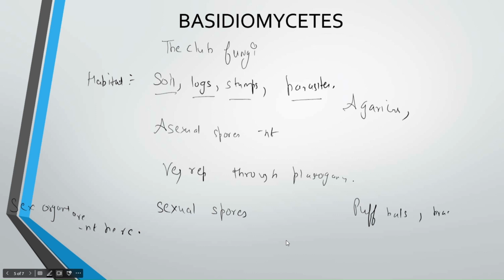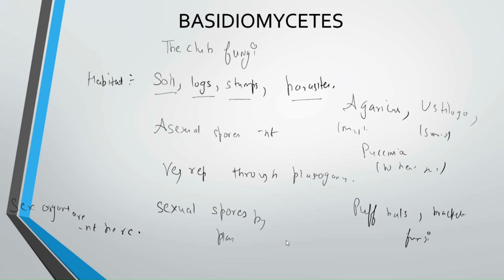We have bracket fungi. We have Ustilago, and we have Puccinia. Rust, and Ustilago is smut, and Agaricus is mushroom. Vegetative reproduction is through fragmentation.